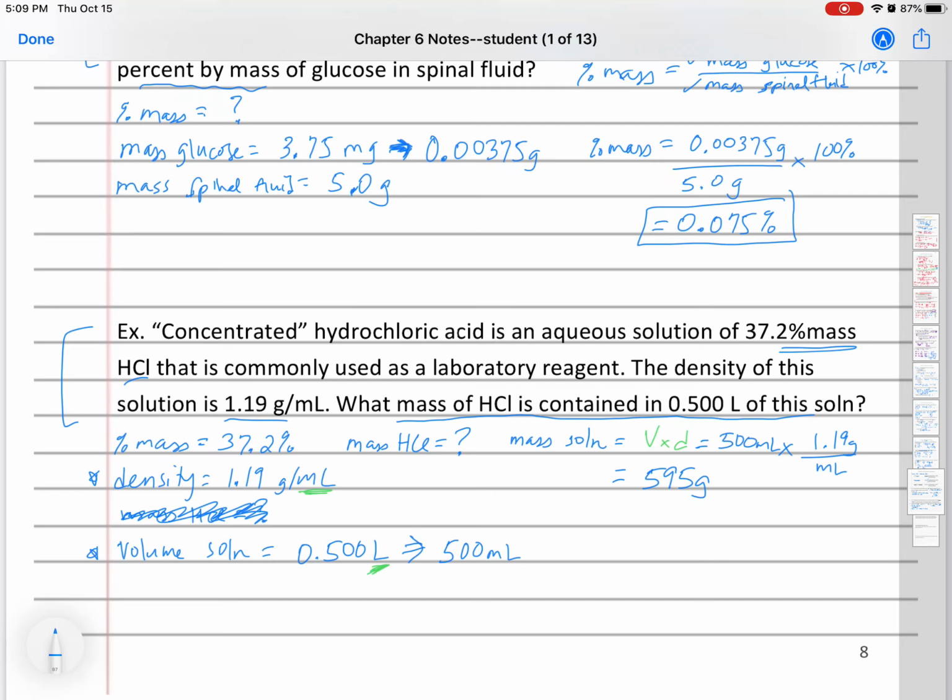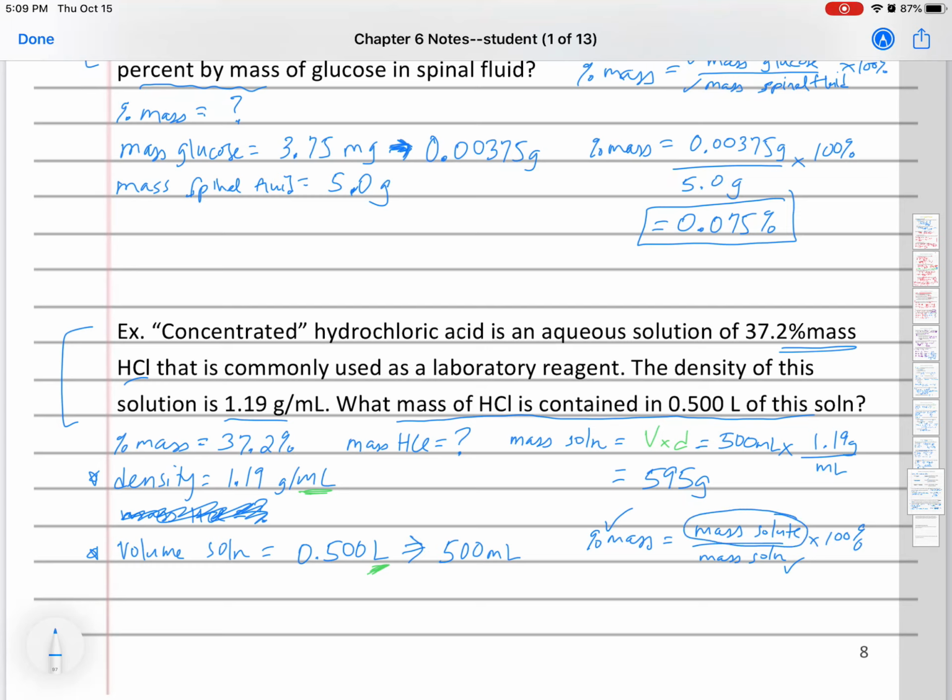All right, so if I write out the formula for percent mass, it equals mass of solute over mass of solution times 100%. I know the percent mass, and I just solved the mass of the solution.